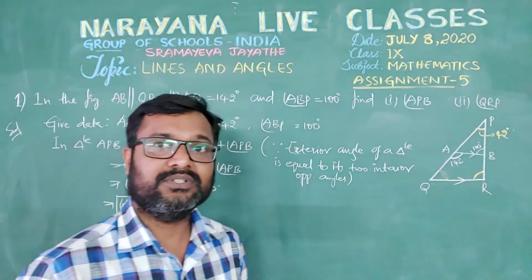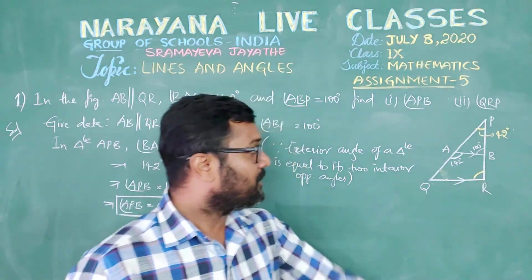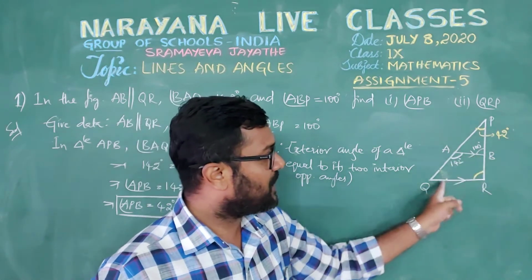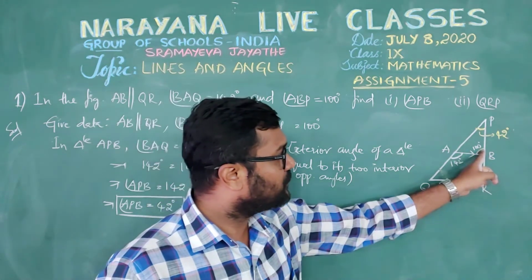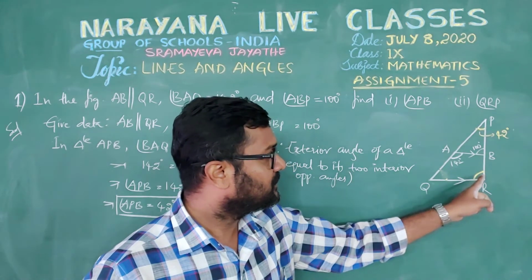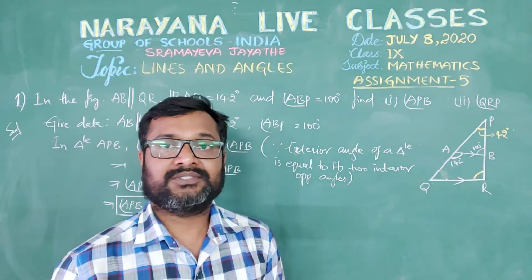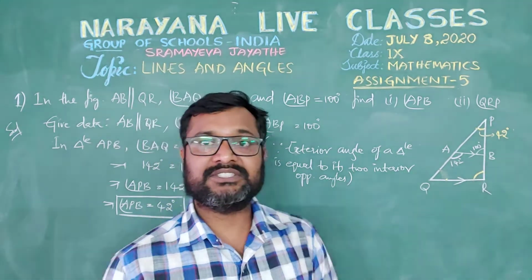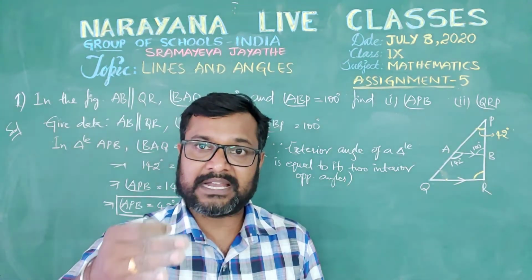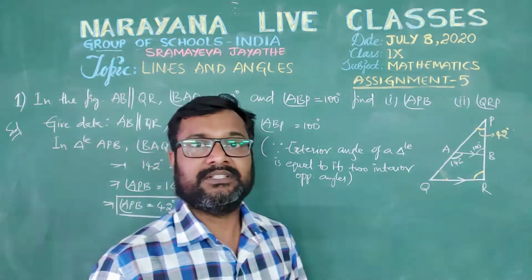Now, when RP is a transversal and AB is parallel to QR, these two angles, this 100 degrees and this angle, are corresponding angles. Corresponding angles are always equal when a transversal intersects two parallel lines at two distinct points. We know that one.